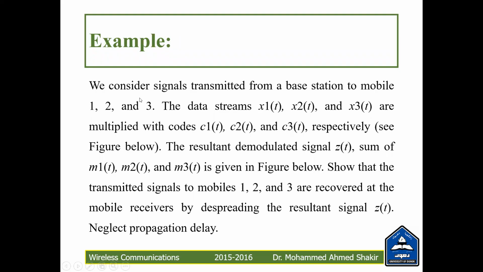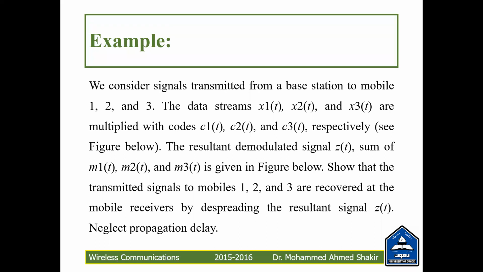Example. This is a very important example. Now, consider signals transmitted from a base station to mobiles 1, 2, 3. The data streams x1 of t, x2 of t, and x3 of t are multiplied by c1 of t, c2 of t, and c3 of t. Now, every user has its own code.